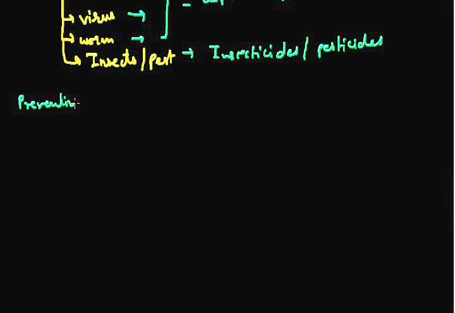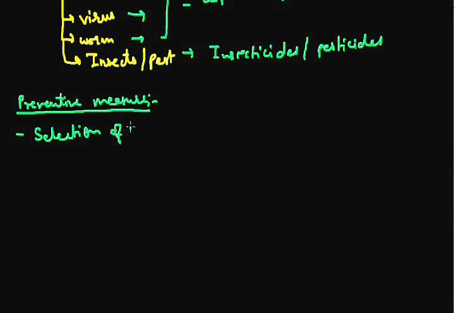So what are the preventive measures? Preventive measures are techniques implemented before the infection of disease in plants. One of them is selection of crop. Second important point, optimum time of sowing.